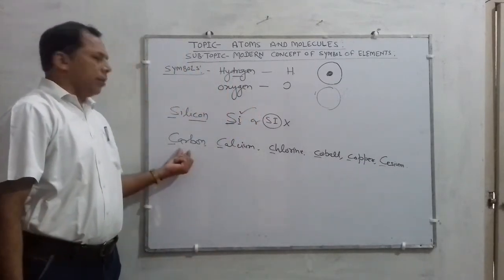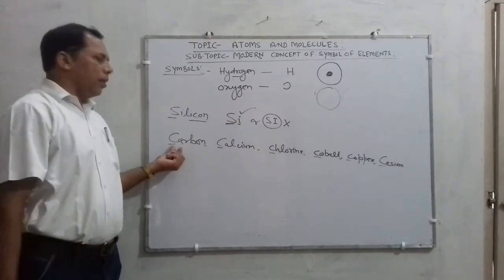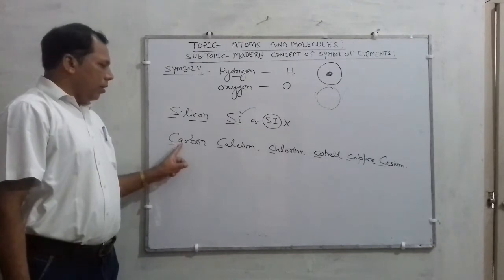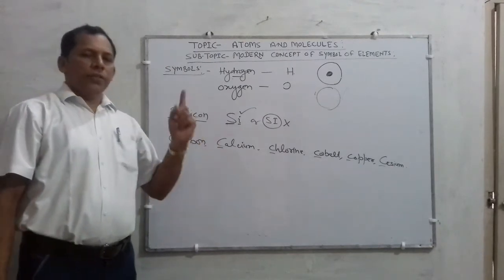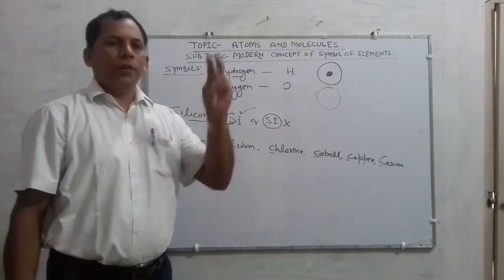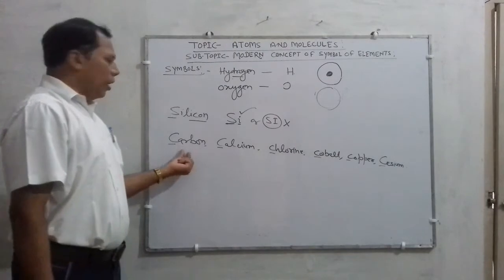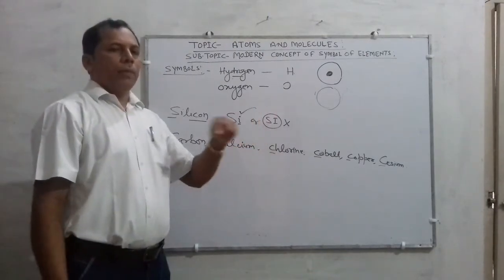Then the question comes: how can the symbols of these elements be represented? So children, in such cases in which the first letter is the same for more than two elements, a two-letter system is used for the representation of the symbol of a particular element.